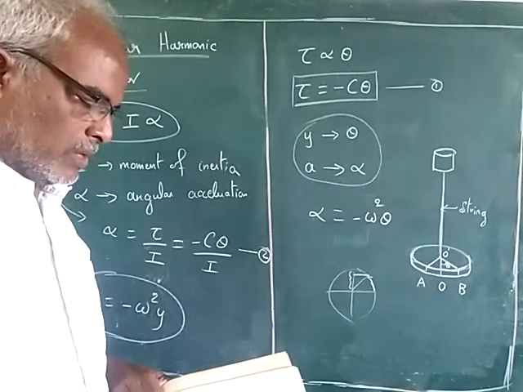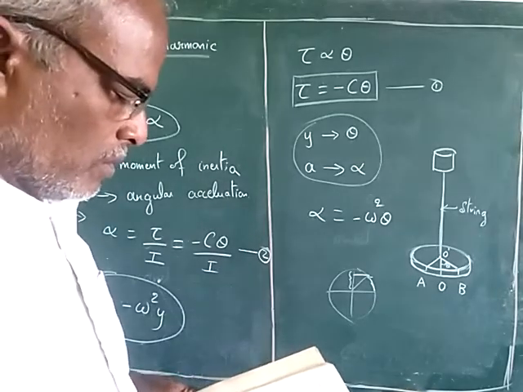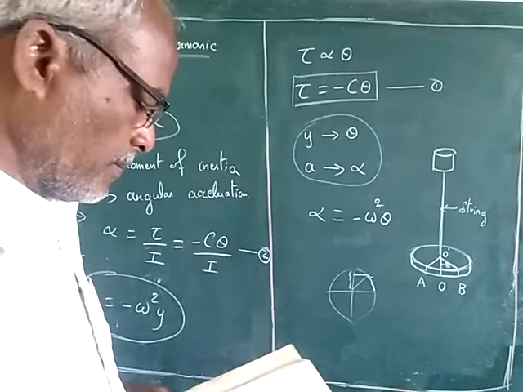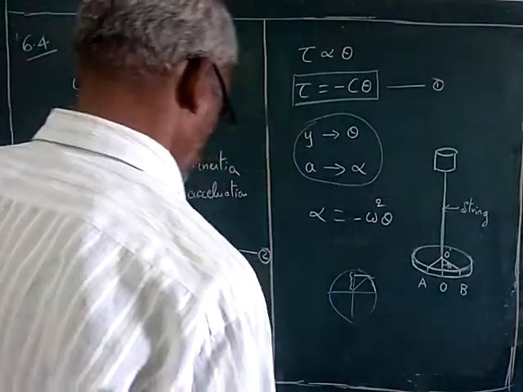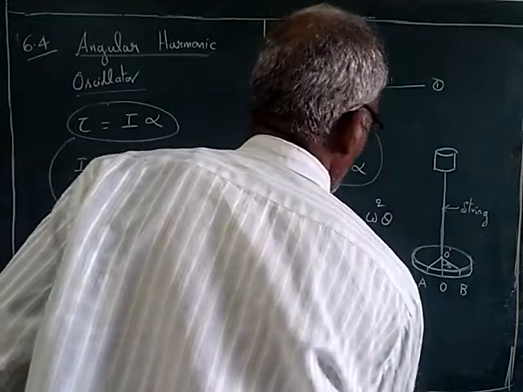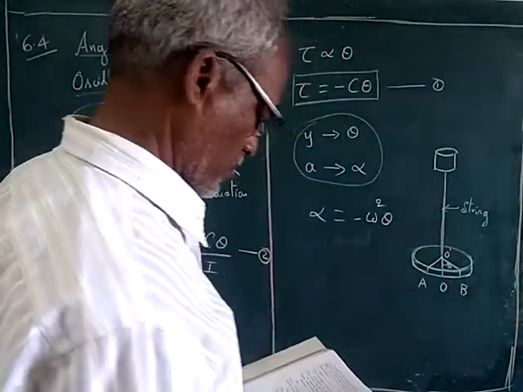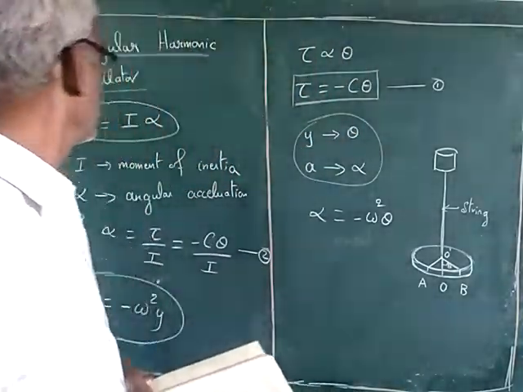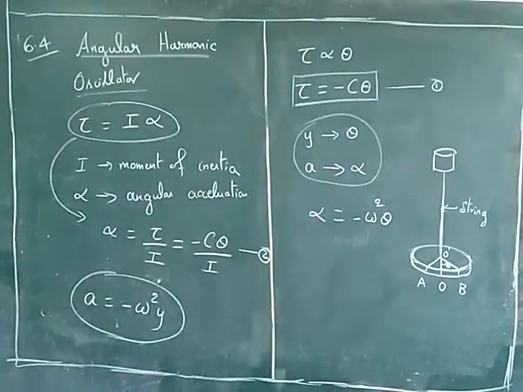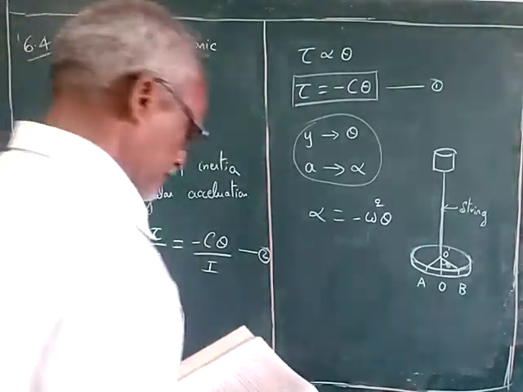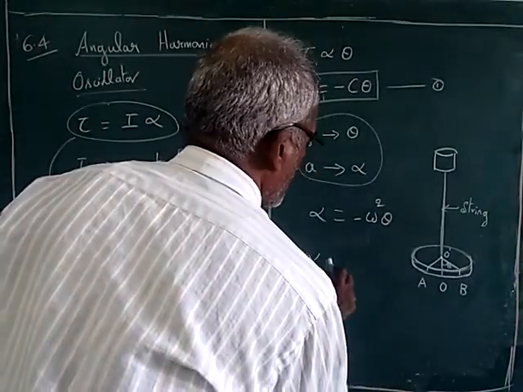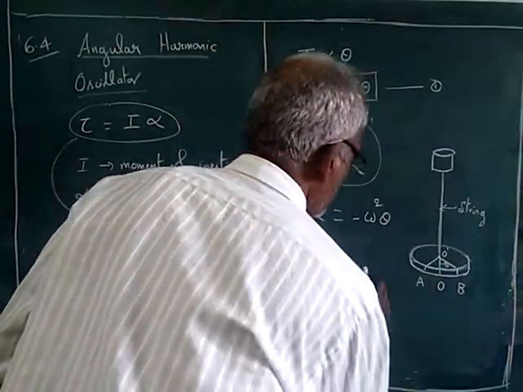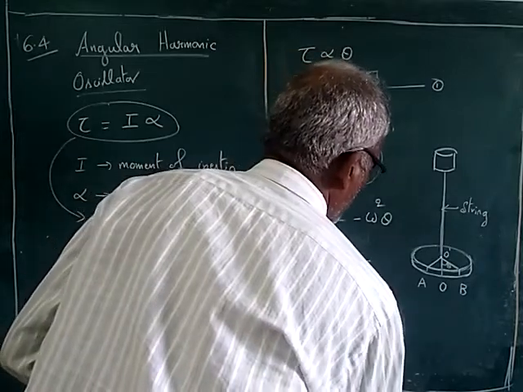Okay. Now what is omega square? So this is nothing but alpha is equal to minus c by I theta.